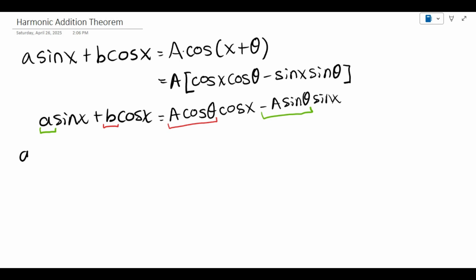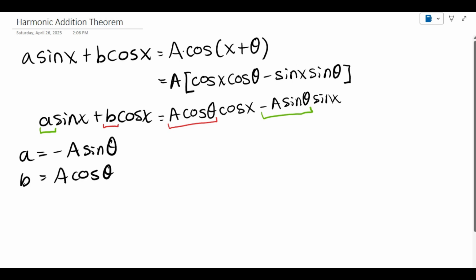So a is equal to negative capital A sine theta, and b is equal to capital A cosine theta. Now what though? We have two different variables rather than x: capital A and theta.